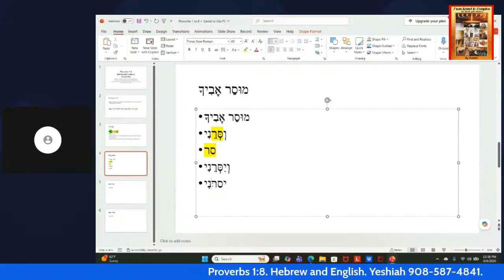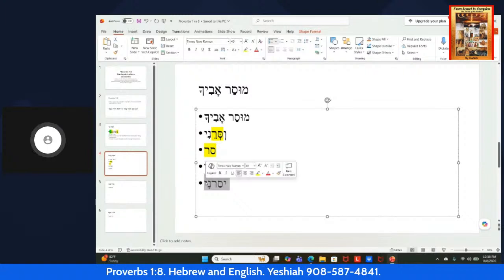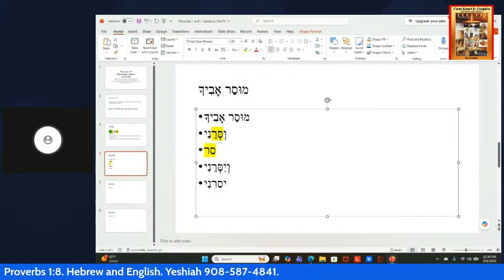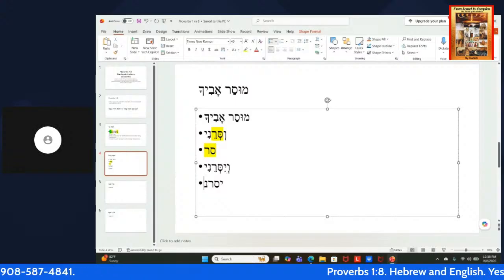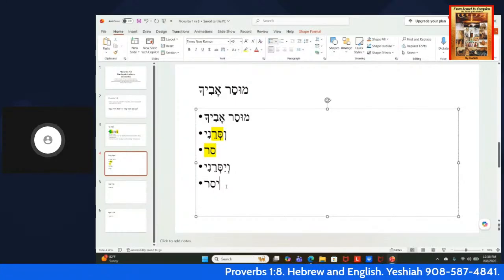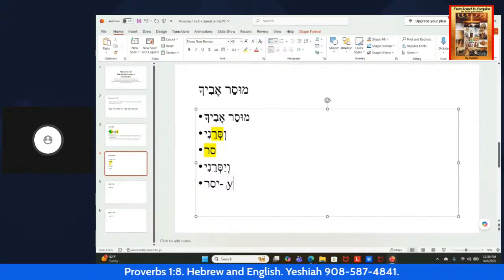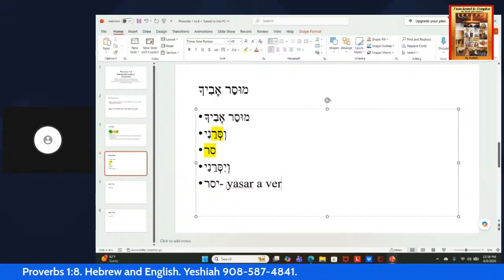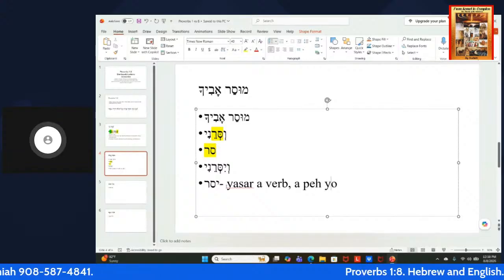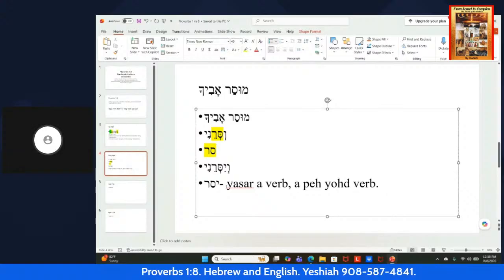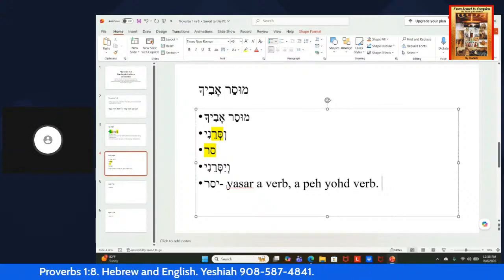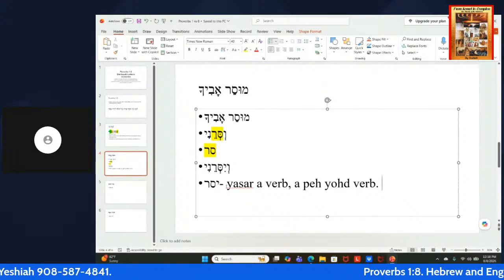Let's just at the moment get rid of this ni for a reason. The word yasar, we want to say in real time, is a verb, a pay yod verb. What happens is that when it's conjugated in the future tense, the yod drops out. This is the word shown in the past tense.